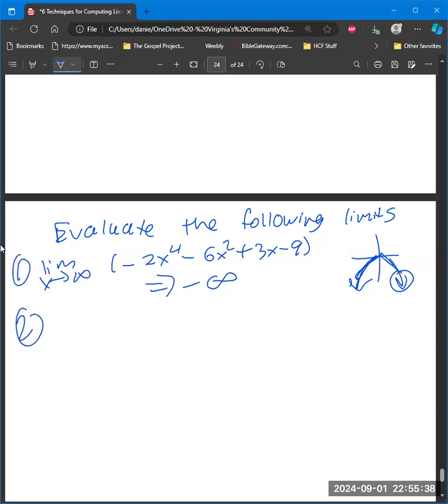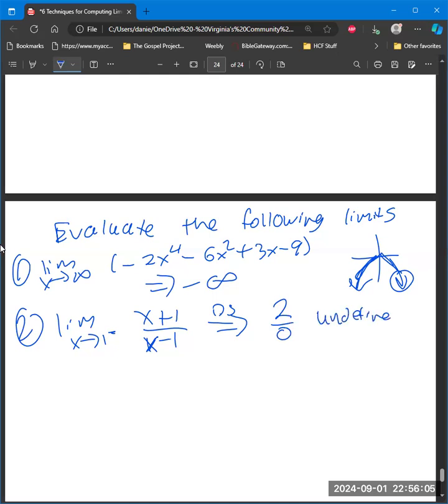Let's look at my second example here, the limit as x approaches 1 from the left of x plus 1 over x minus 1. And I want to see what's going to happen here. If I try direct substitution, I get 2 over 0, which is undefined.